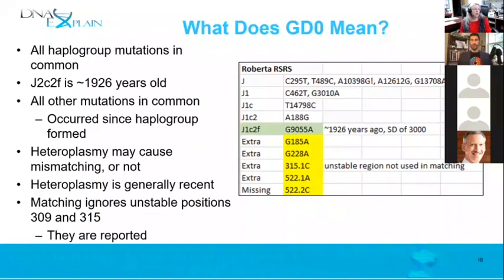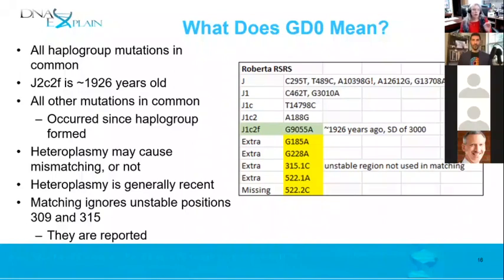So all the other mutations that I have are listed under the RSRS on my page as extra or missing. So I've added those down here in yellow. The mutation at location 315.1, or any 315, is not used for matching because it's in an unstable region, but they're still shown. So what we have here is my whole list of mutations.